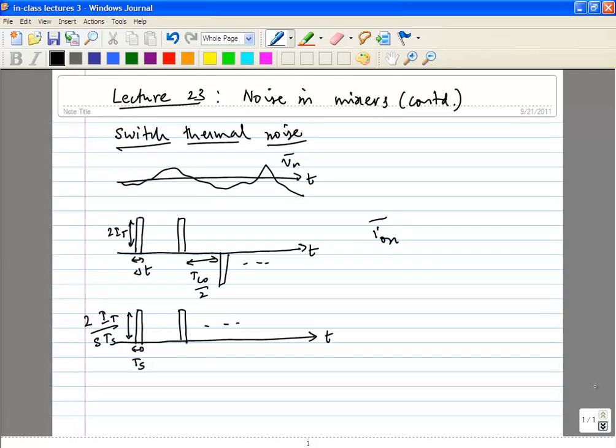Remember that the slope S times Ts will decide the noise. Actually this is constant, but that times Vn. We are going to allow this pulse train to sample your Vn to give you I_ON.